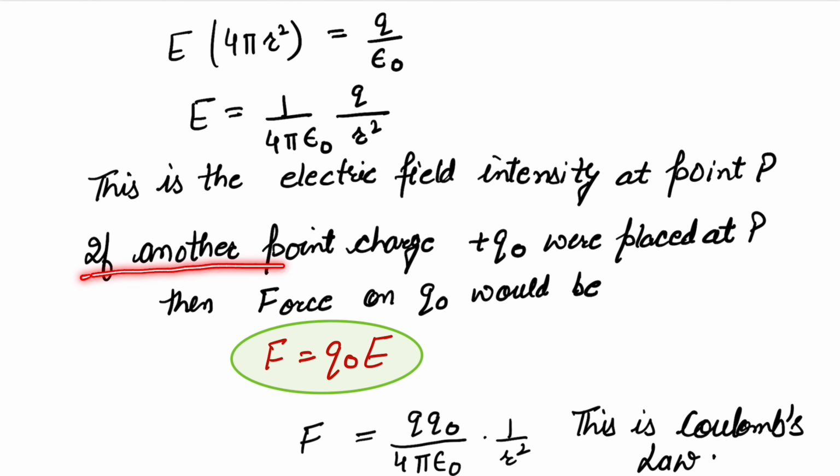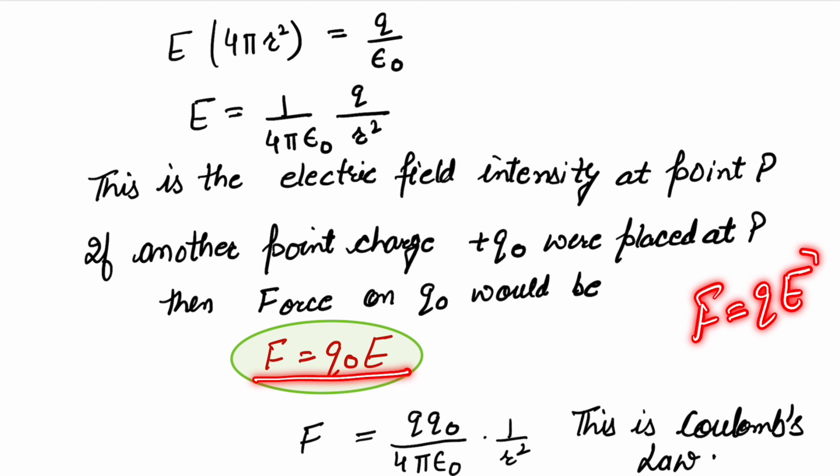Suppose we bring another positive charge, plus Q naught, plus Q0, whatever you want to say, at this point P. Then the force which this particular charge Q0 will experience can be given by the equation F is equal to Q into E. This thing we have done in the first chapter.